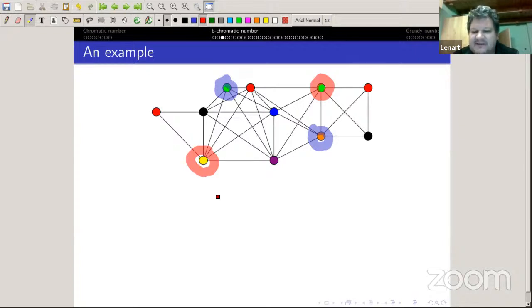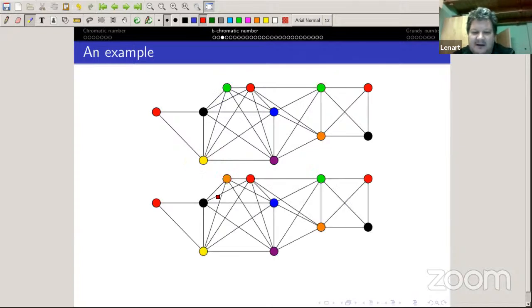So this means that this green color can be reduced, and as mentioned, this orange was missing in the closed neighborhood of this vertex, so it can be orange, and a yellow was missing in the neighborhood of this vertex, so it can be yellow. So we did reduce this coloring by 1, and no further reductions are possible here. But anyway, we obtain a 6-coloring, and we know that this is optimal.